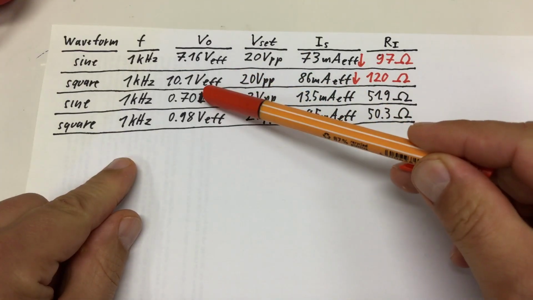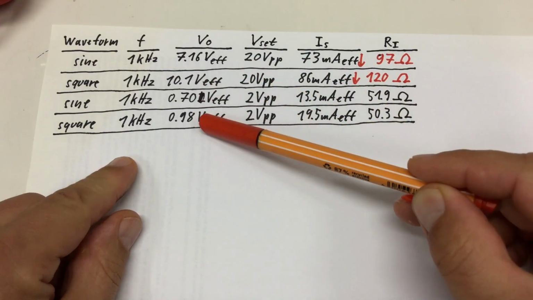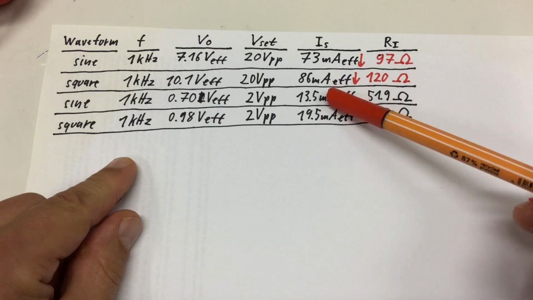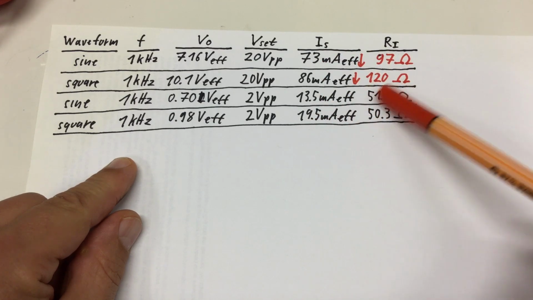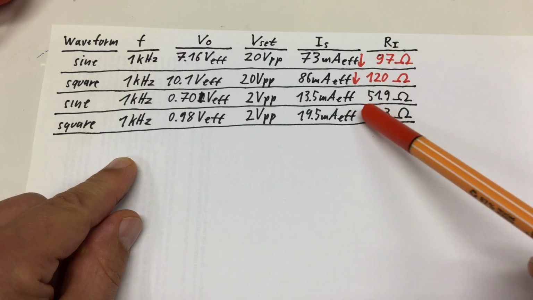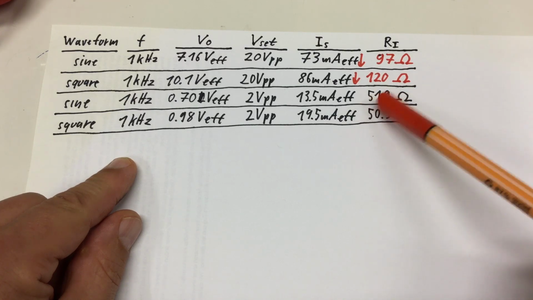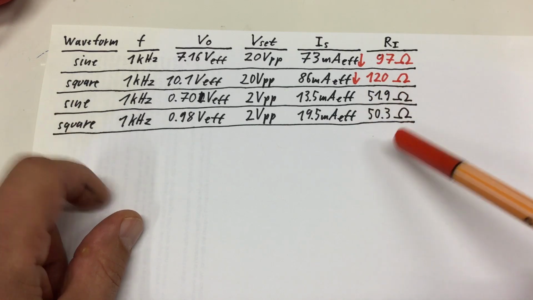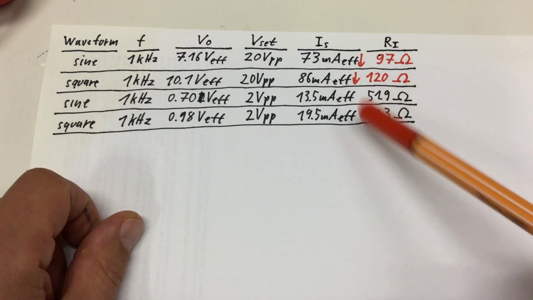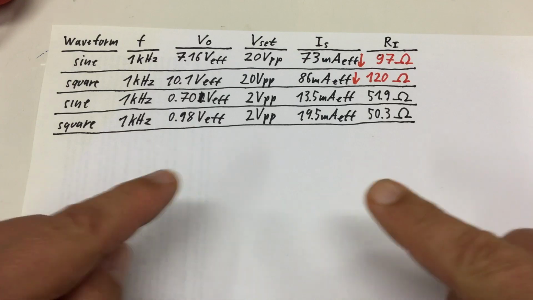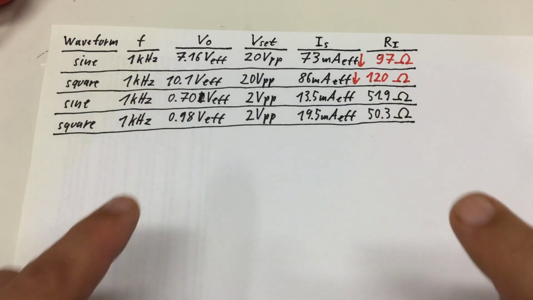And dividing the measured effective voltages by the measured effective short circuit currents, we again come to an internal impedance of 51.9 ohms for the sine and 30.3 ohms for the square. Yeah, we're inching closer to the nominal 50 ohms.